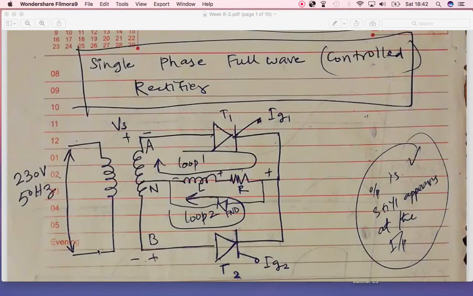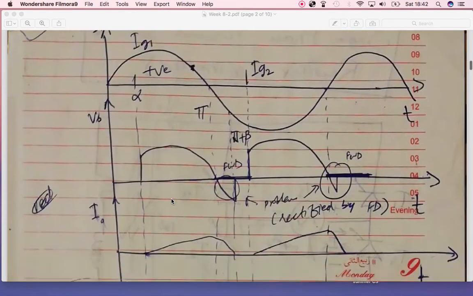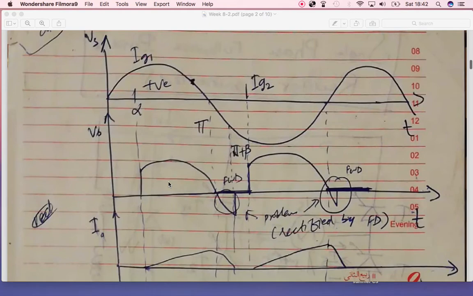And during the negative half cycle, this terminal will be positive with reference to this, and the direction of current will be through this thyristor T2 depending upon its firing angle, and will come through the load and then through the inductor and discharge over here. So we have some waveforms which are telling us its operation in a better way.